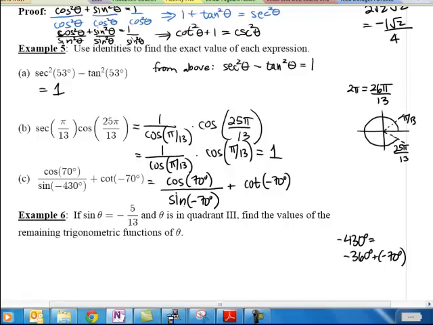So we've got things that are looking close to the same as each other right now, right? We've got cosine of 70 divided by sine of negative 70. We've got cotangent of negative 70. Cotangent of negative 70 would be cosine of negative 70 divided by sine of negative 70.